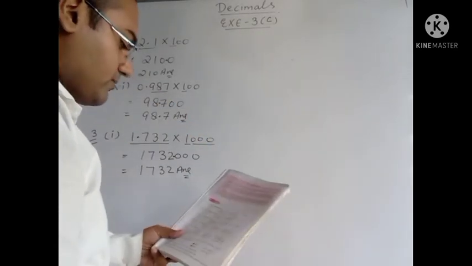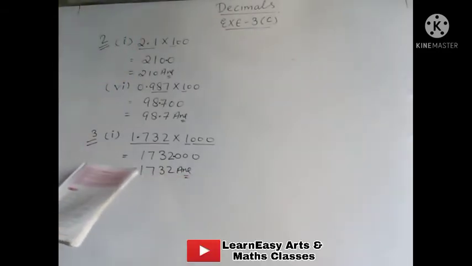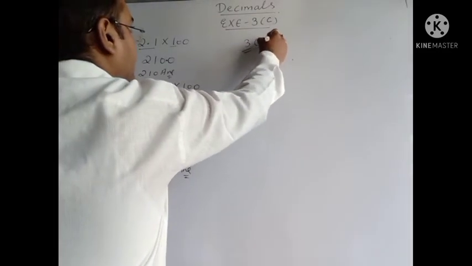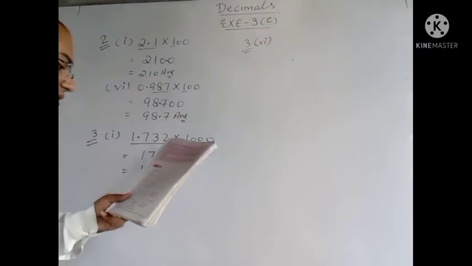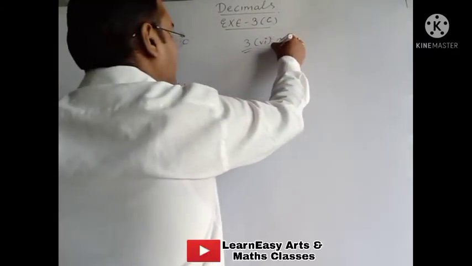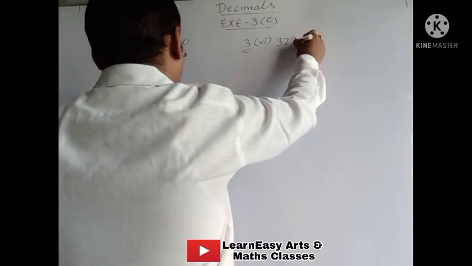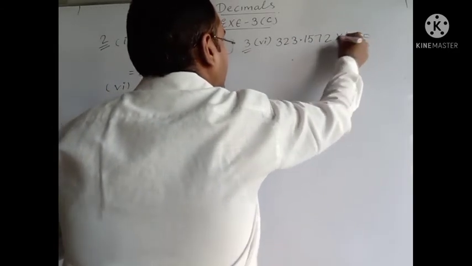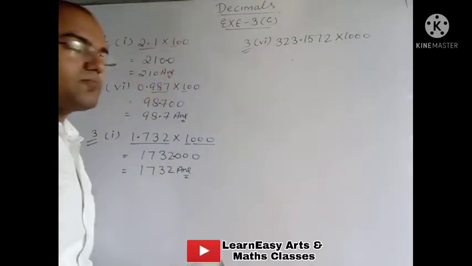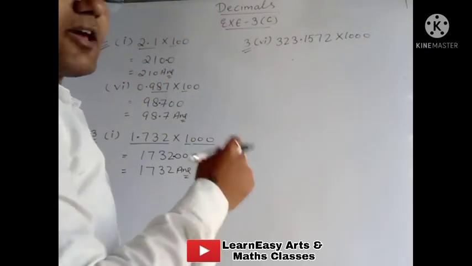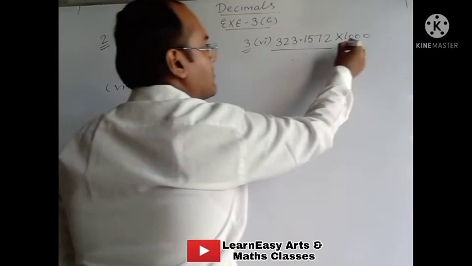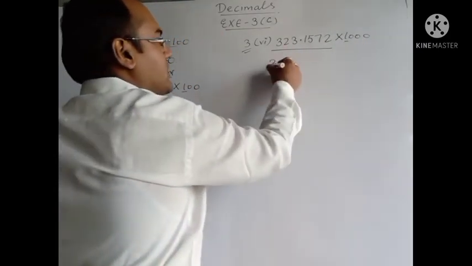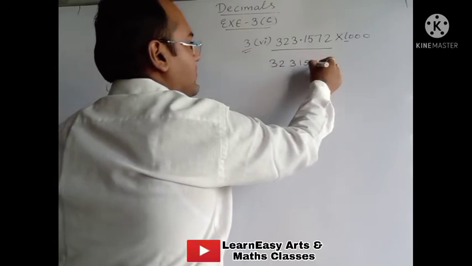Now another part number 6. Third question, 6th part. 323.1572 multiply with 1000. So first of all, what we will do? First of all, we have to multiply with 1. This full number multiply with 1, when we will do, answer will remain same. 3231572.